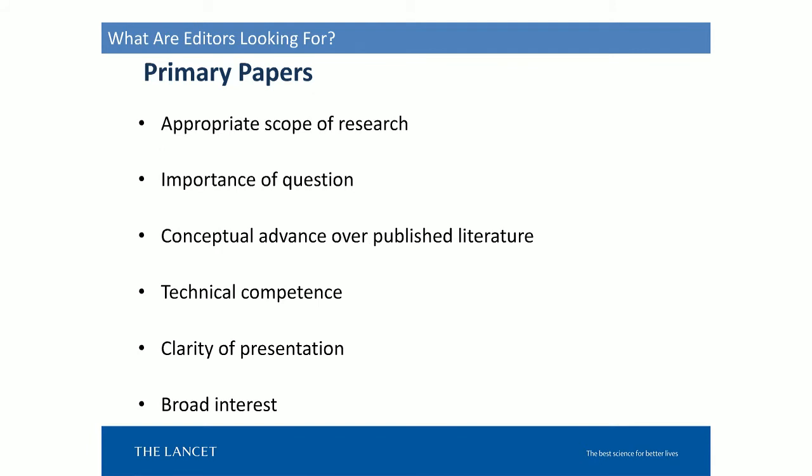So as editors, what are we looking for? In primary research, we're looking at: is the scope of the research appropriate to our journal? How important is the question you're asking? Is it a conceptual advance over what's already been published? Is it technically competent? How clear is the presentation? Can we actually understand what you've done?